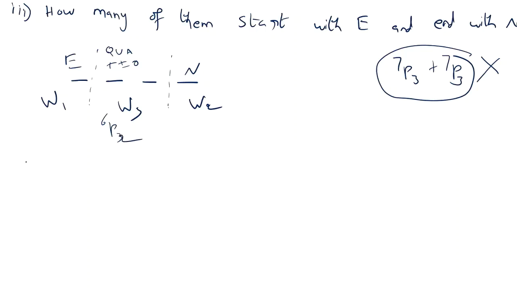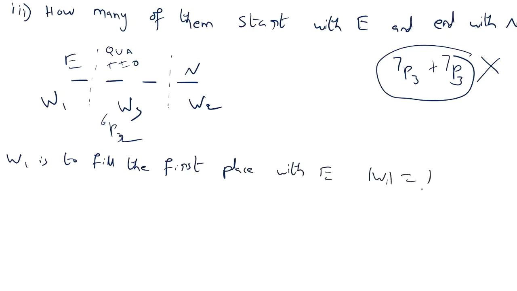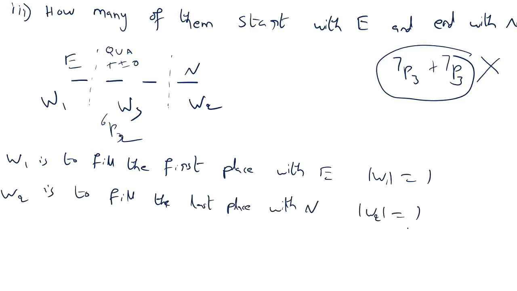Now W1 is to fill the first place with E, which can be done in only one way. W2 is to fill the last place with N, which can also be done in only one way.